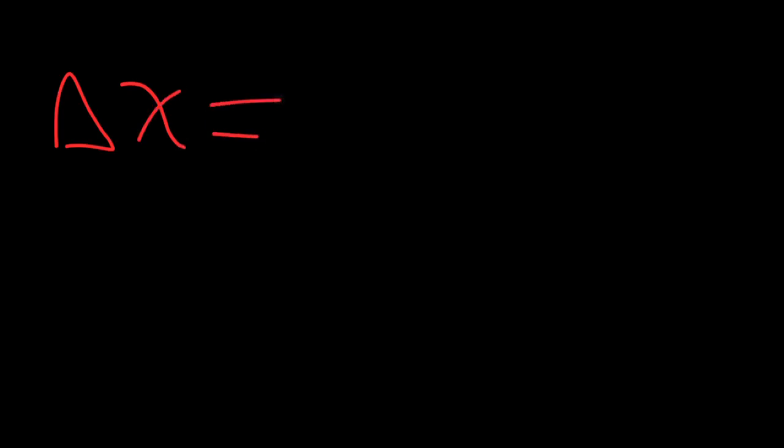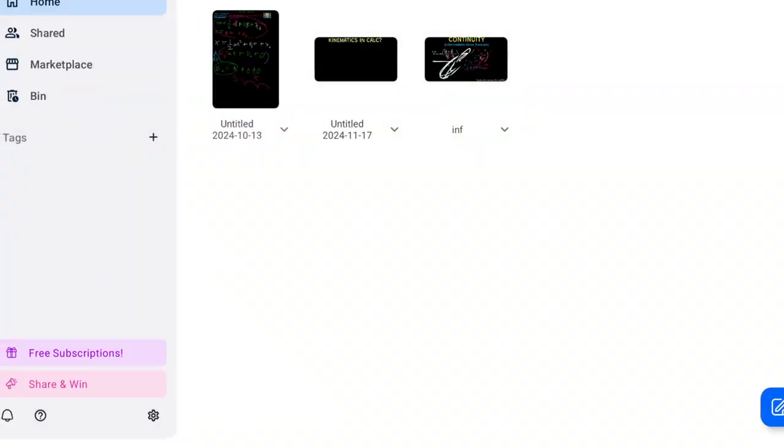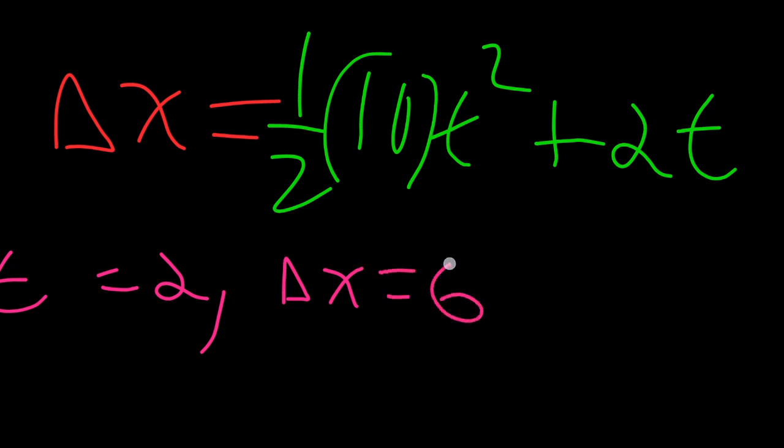So let's go over a quick little example with this. Basically, if I say that the delta x is equal to, with an acceleration of 10 t squared, you'd plug that in, and I'll say initial velocity 2, plug in your 2 t, and then initial position is 0, and then I say at time t equals 2, delta x equals 6.